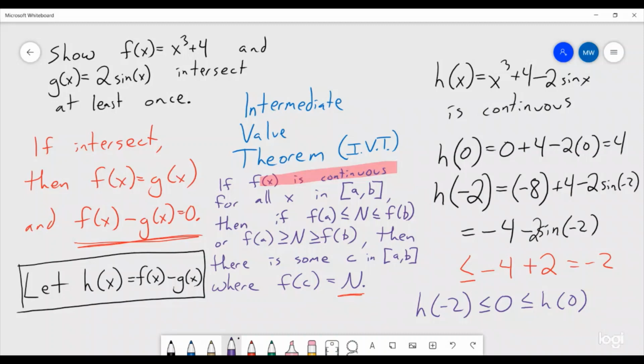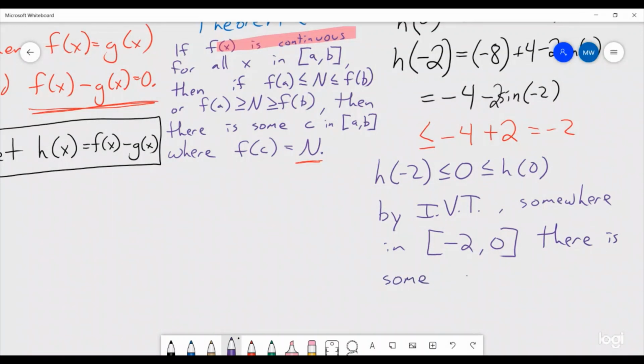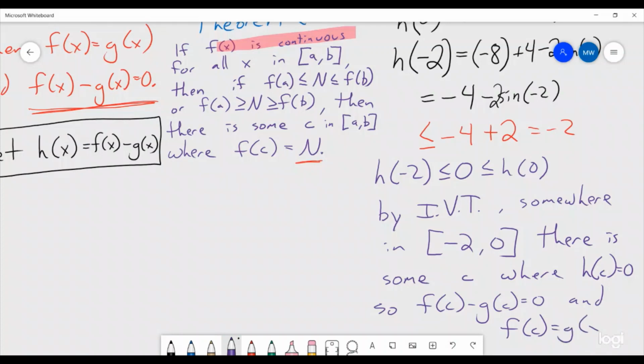So then, by the Intermediate Value Theorem, somewhere in the interval, not 0 to negative 2, negative 2 to 0, somewhere in the interval negative 2 to 0, there is some c where h of c equals 0, so f of c minus g of c equals 0, and f of c equals g of c.